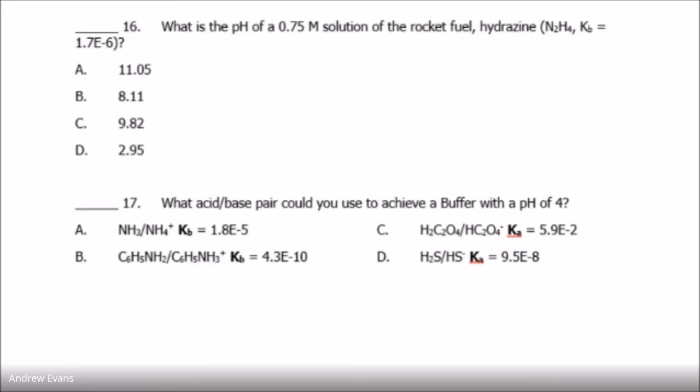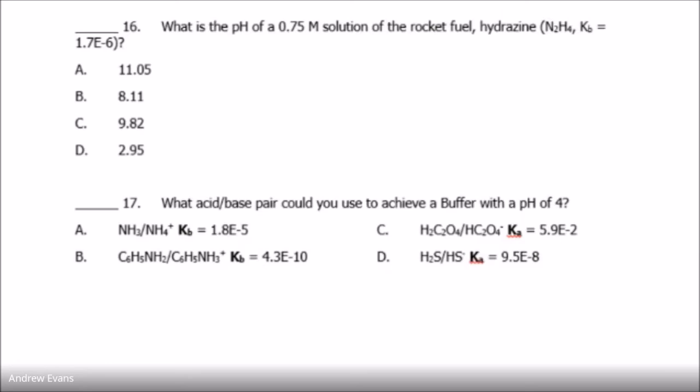Here's what tripped up most people. A and B are Kbs. So if you took the negative log of 1.8 times 10 to the negative 5, you would get 4.7.